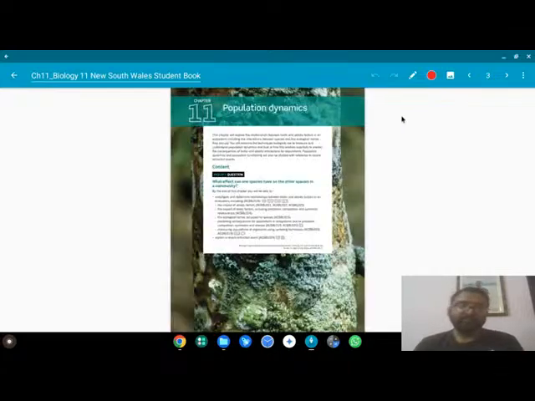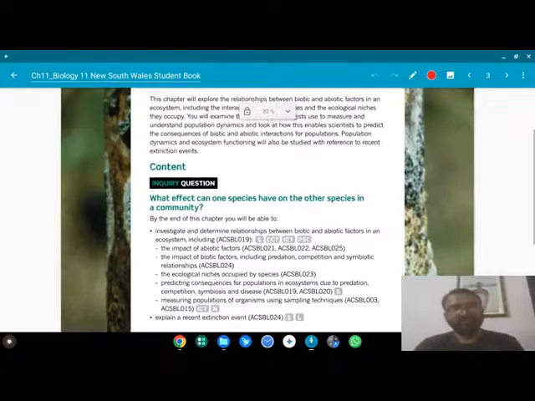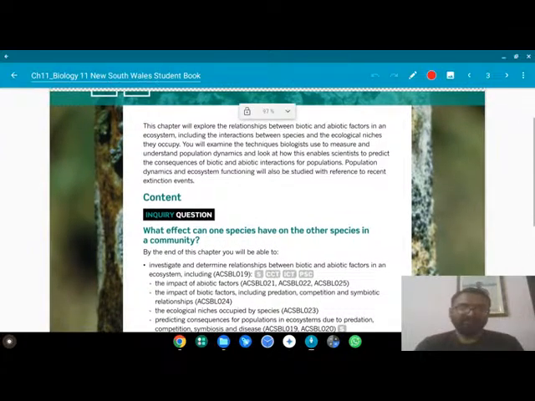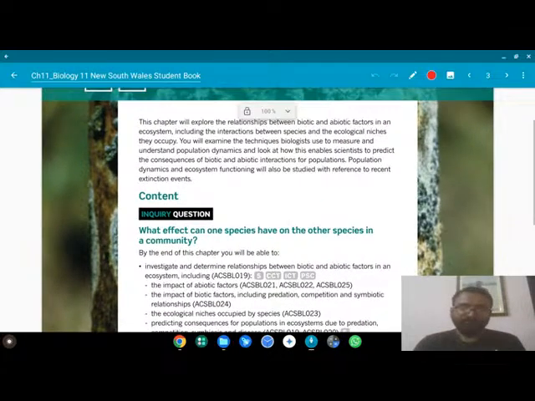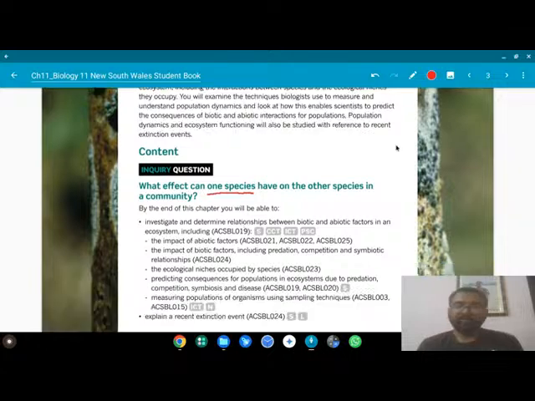Okay. So it is generally algae, and each and everything. Mostly we will learn geography rather than biography. Okay. So see how the species are living together, those kinds of things. What effect can one species have on another species in a community? So it is a basic thing to learn here.